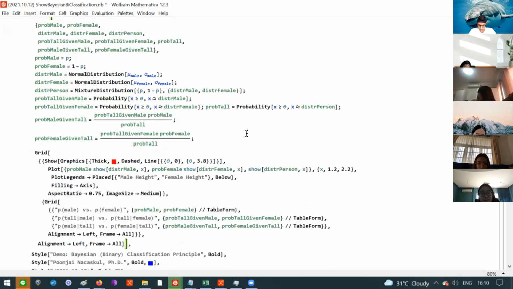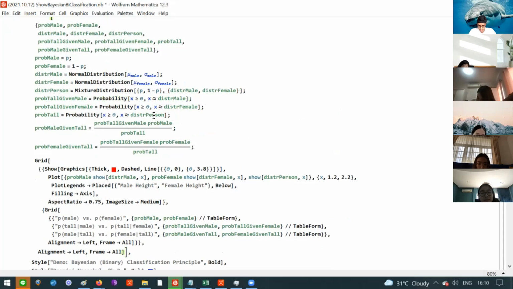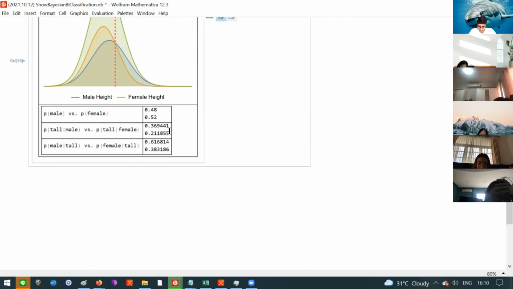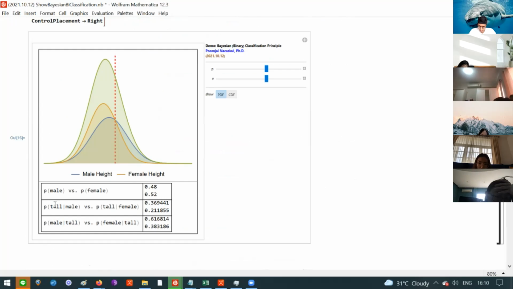Probability of female, probability tall. Then I calculate: probability tall given male, probability tall given female.